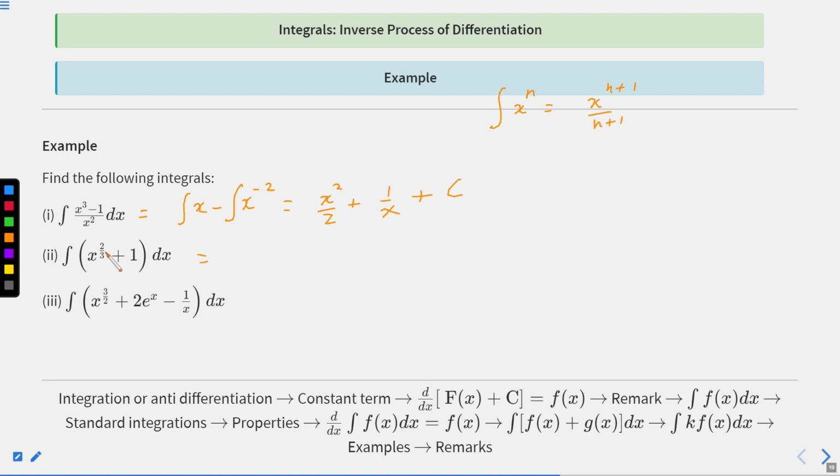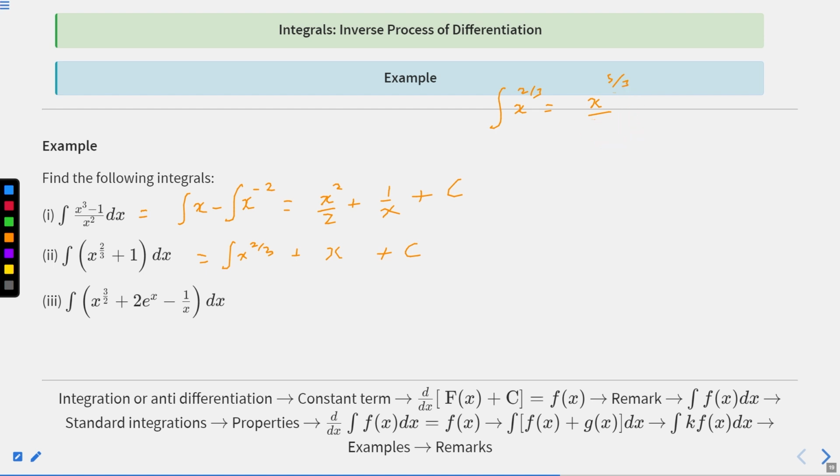Now for this one also you can break it into x power 2 by 3 plus this thing, plus some constant. Using this rule, 2 by 3 plus 1 means 5 by 3.